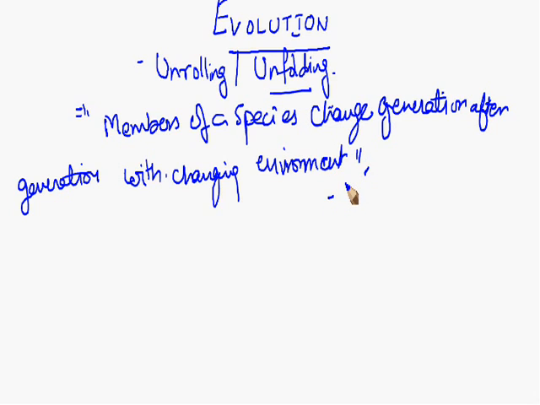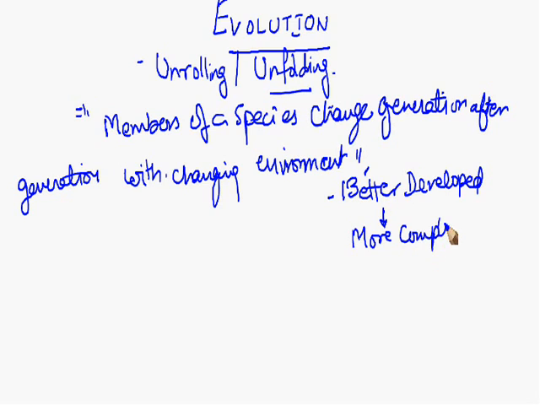By doing so, they are better developed, and as a result of this, they become more complex. Simply, evolution means descent with modifications.